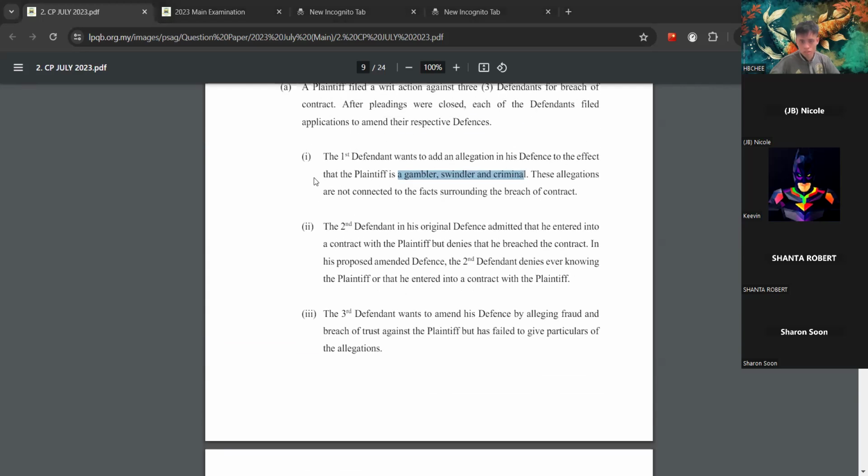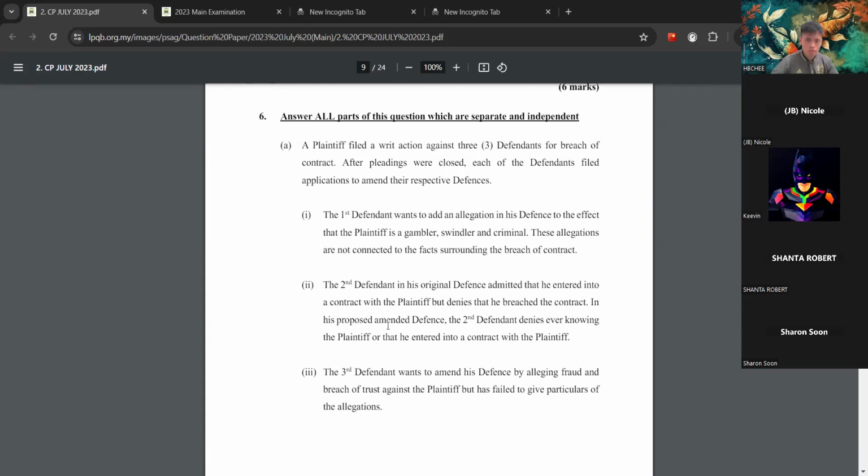So since you see it's separate, it's better that you outline your answer separately. Okay, we will come to it accordingly.